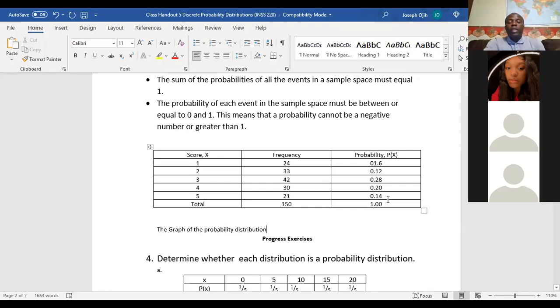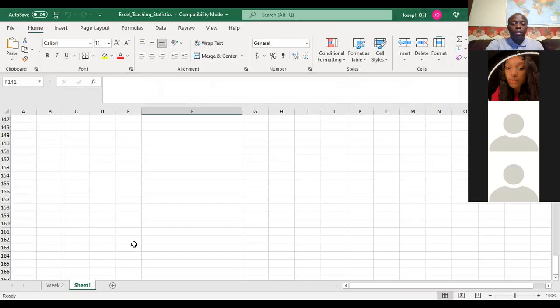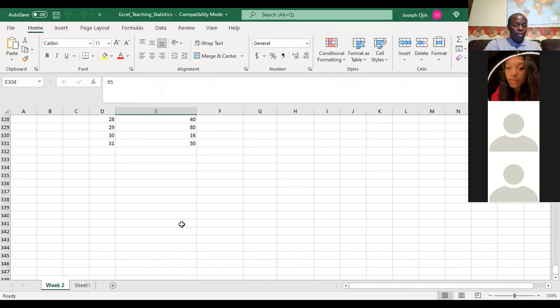To draw the graph, we're going to enter this in the graphing tool, or we can use a pencil and paper. For Excel, we can enter them manually. So I have the score X.